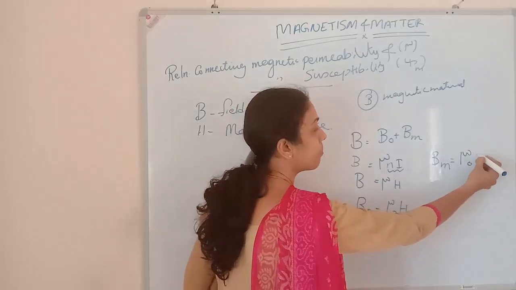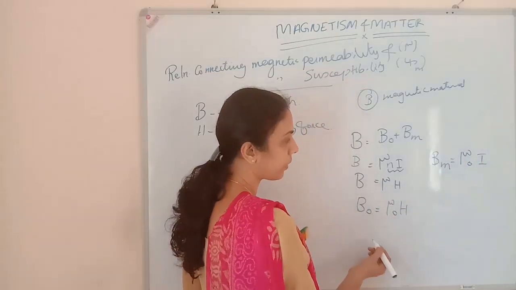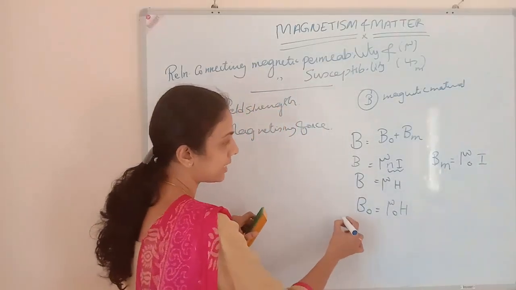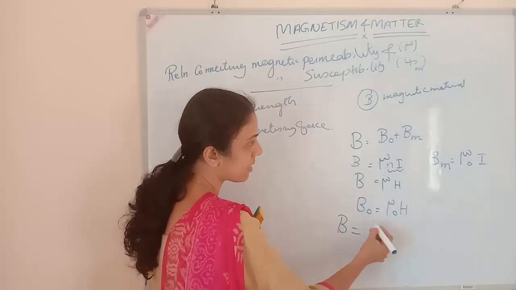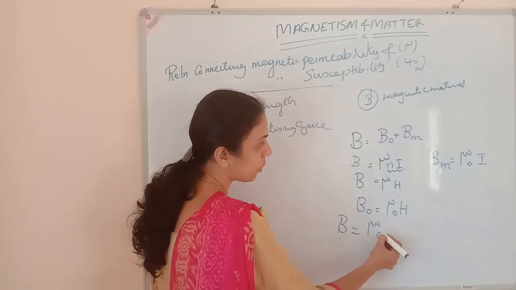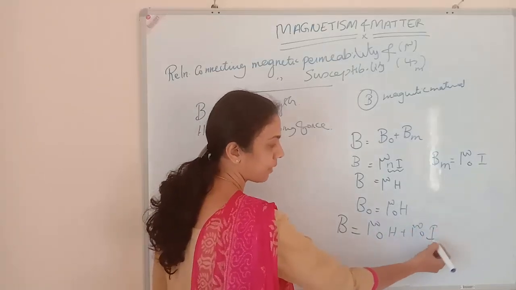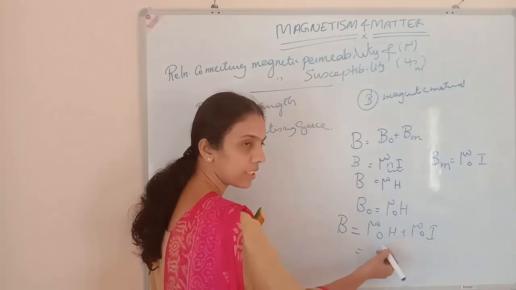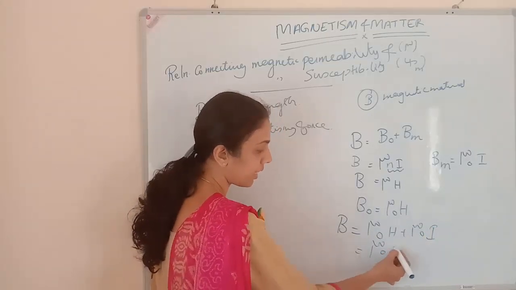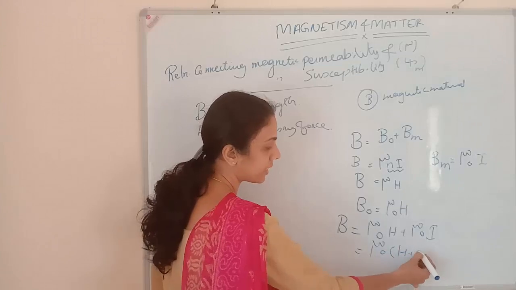Bm equals mu 0 into I. So here we can write B equals mu 0 into H plus mu 0 into I. From here we can take mu 0 outside: mu 0 into H plus I.